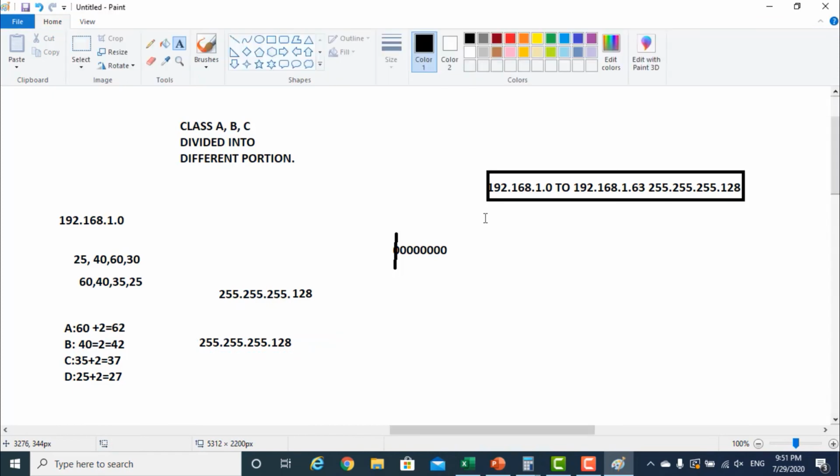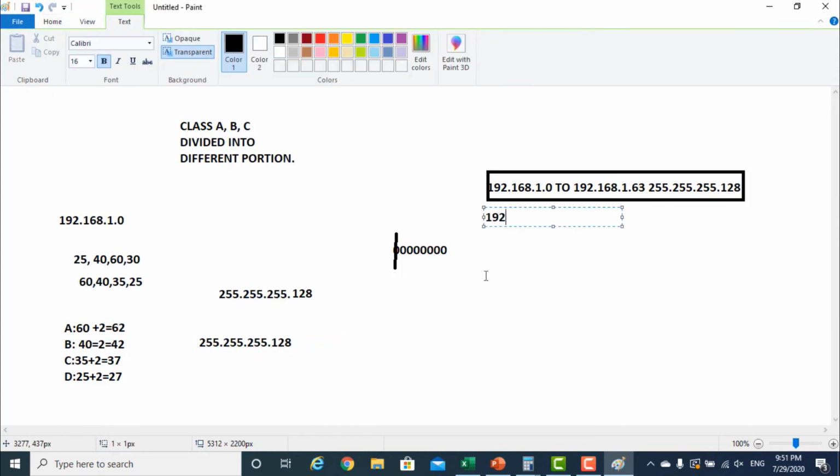How is it like that? It starts from 192.168.1. Now the previous subnet ends with 63. Or let's say the previous subnet ends with any number, it really doesn't matter. According to the previous one, we will start.